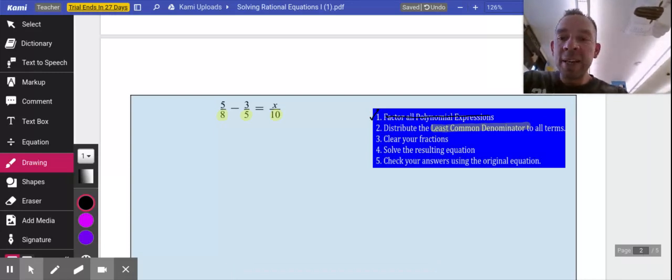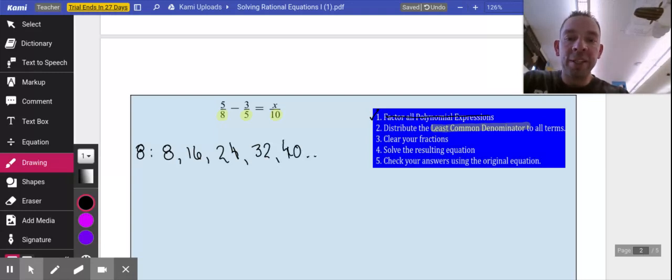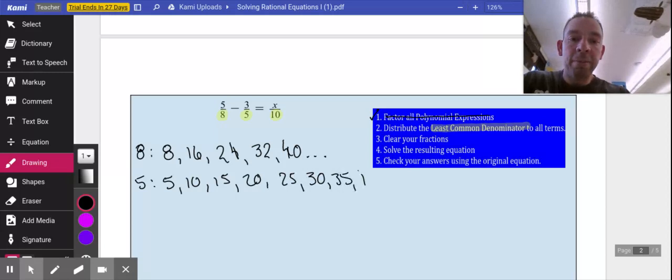To come up with the least common denominator, one trick you can use here is to write out the multiples of each of these numbers. For 8, we've got 8, 16, 24, 32, 40, etc. The multiples of 5 are 5, 10, 15, 20, 25, 30, 35, 40. And the multiples of 10 would be 10, 20, 30, 40.